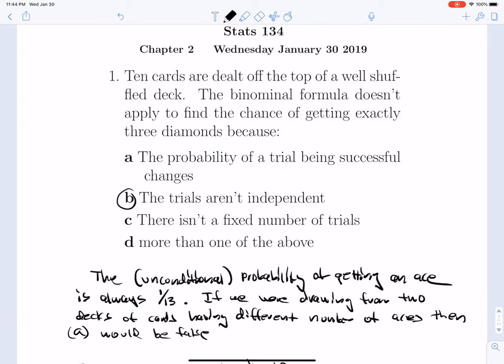So depending on which deck you're drawing from, you would have a different probability of success. But that's not the case here. Here we just have a single deck. The trials aren't independent because we're not dealing the cards with replacement. And of course there is a fixed number of trials, that is 10.